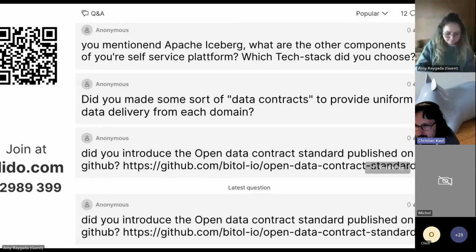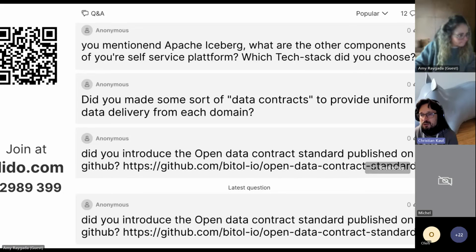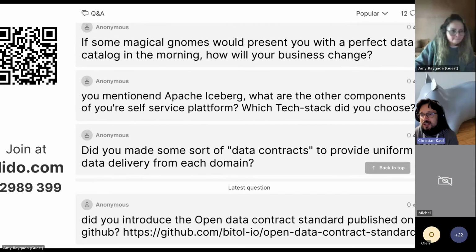I think there's one other question in the chat from Piotr, where he asks, in your solution, is there any automation to take care of the self-service back office? Any other automation for DevOps, DataOps?